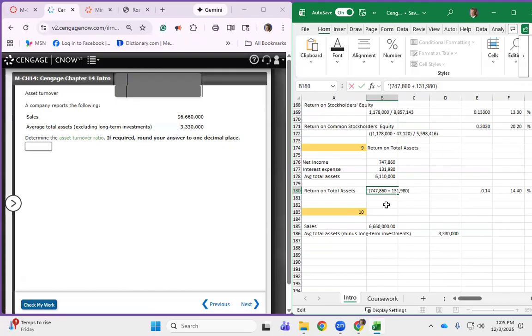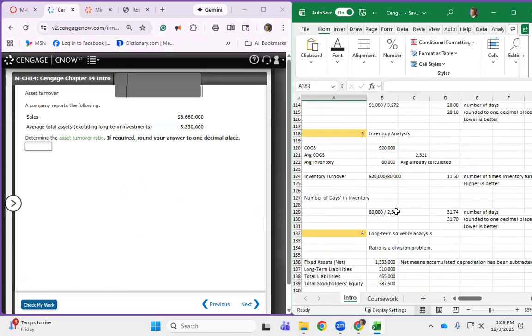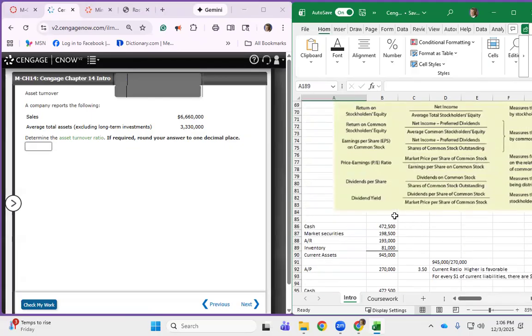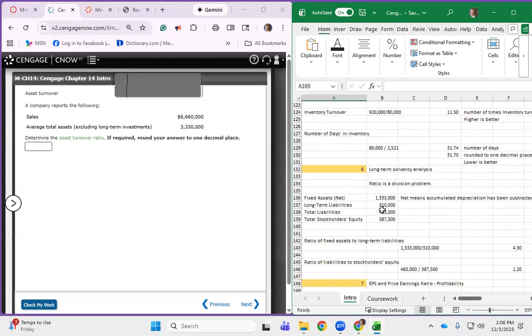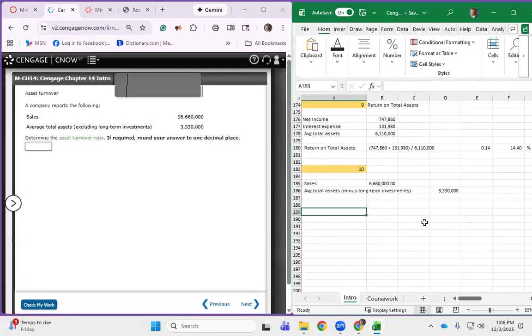Then we divide by our average total asset, 6,110,000. There we go. Now down here, let's look at the formula for asset turnover. There it is. Sales divided by average total assets, but they've already done the extra calculation needed for that divisor. So luckily we get to take a shortcut.